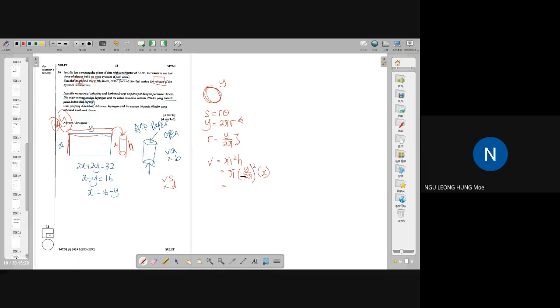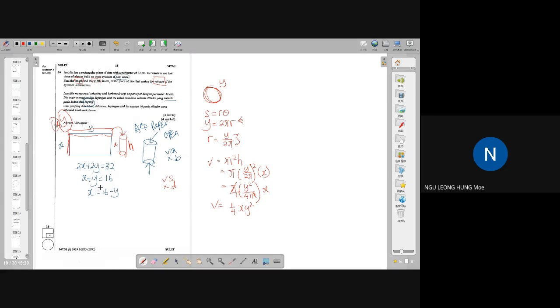So, pi Y square over 4 pi square X. So, ini over 1 kan? So, ini potong-potong. That means we will get 1 over 4 SY square. Okay? 1 over 4 SY square.